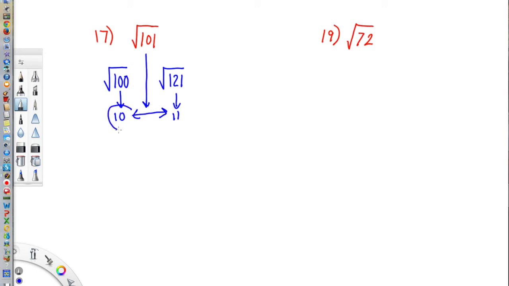And it's definitely closer to 10 because when I compare the square root of 101 and the square root of 100, they're only 1 apart. Okay, so I know it's going to be 10 point something.